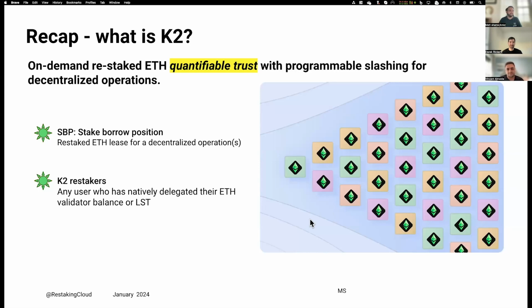So before we get into the nitty-gritty details, a small recap. What is K2? We talked about Node Cloud, but let's refresh your minds. K2 is an on-demand restaking pool with quantifiable trust, and it comes with programmable slashing for any kind of decentralized operations. Every single bit of its operations is auditable and verifiable.